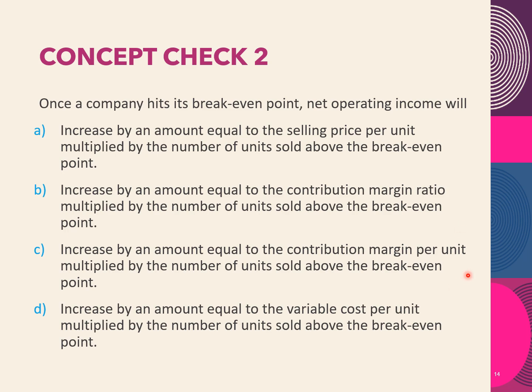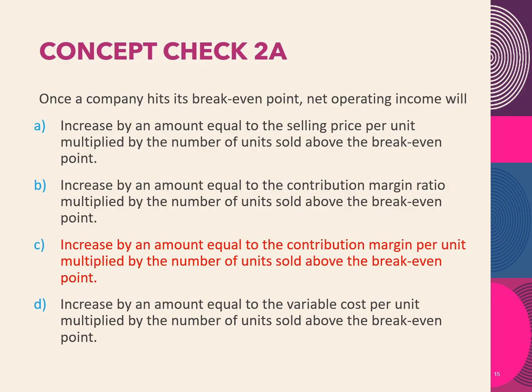C. Increase by an amount equal to the contribution margin per unit multiplied by the number of units sold above the break-even point. D. Increase by an amount equal to the variable cost per unit multiplied by the number of units sold above the break-even point. What is your answer?